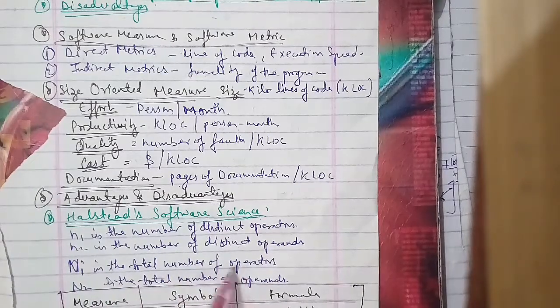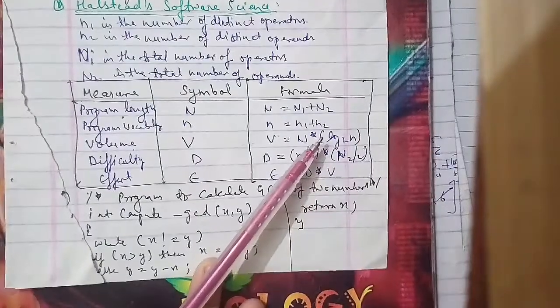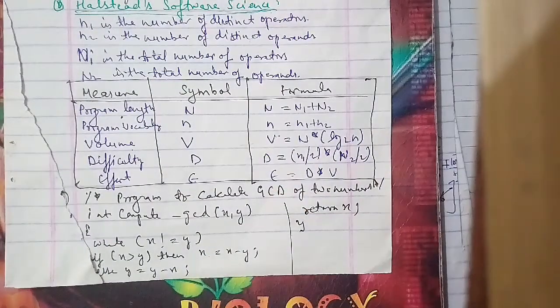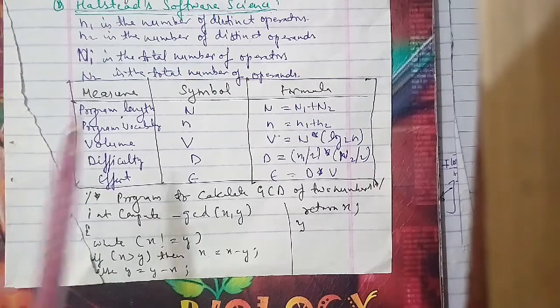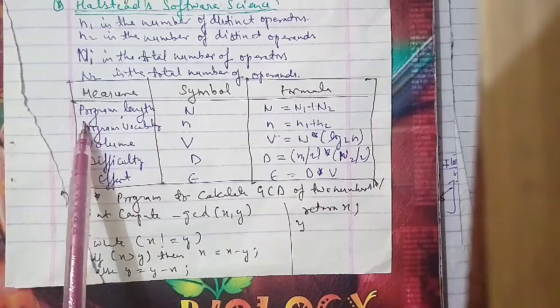Program length is denoted by capital N, where N equals N1 plus N2. Program vocabulary is small n, where n equals n1 plus n2. Volume, capital V, equals N times log 2 of n. Difficulty, capital D, equals n1 upon 2 times N2 upon n2. Effort, capital E, equals D times V.